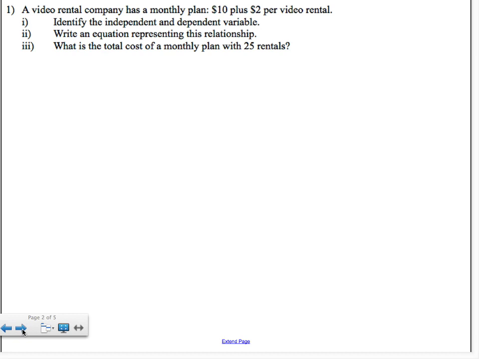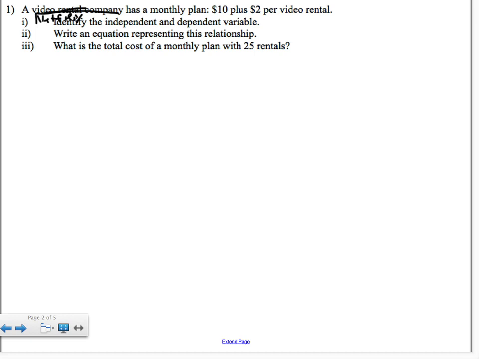Okay, so here we have a video rental company, but we don't have those anymore. We should change this question. Well, in Florida, they have Netflix. Netflix has a monthly plan where you pay $10 a month, and then for every movie you watch, they charge you $2.